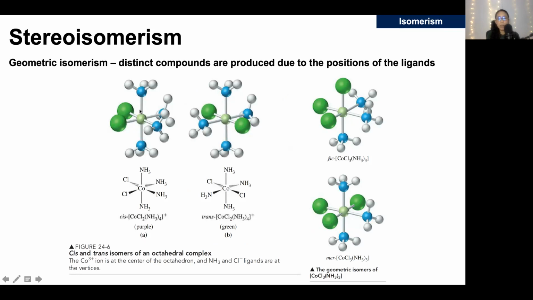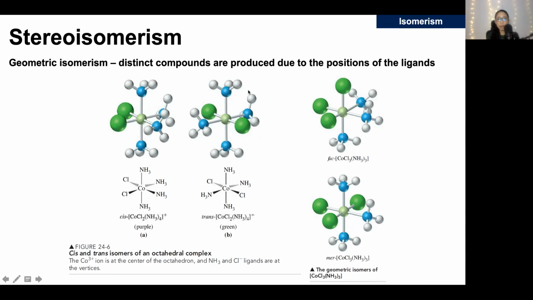And in octahedral, you can also observe the cis-trans isomerism, such as here, you have 2 chloride ligands and 4 ammonia ligands. If your chloride is found on the same side, then that is your cis isomer. But if the 2 chloride ligands are opposite to each other, so their positions in the complex are opposite to each other, then that's your trans isomer.